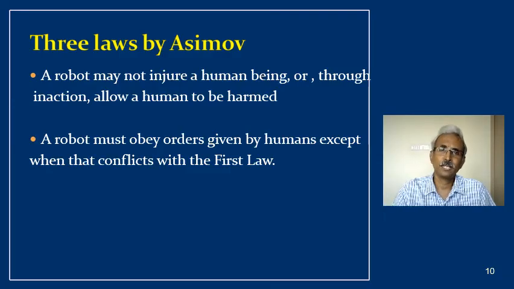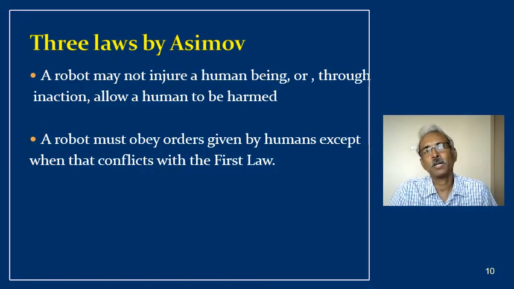Right? A robot is designed to obey my orders, but then I cannot say, hey, Mr. X is my enemy, go beat him. As per the first law, it's supposed to obey my orders, but in that process, it is not supposed to go and harm another human being.